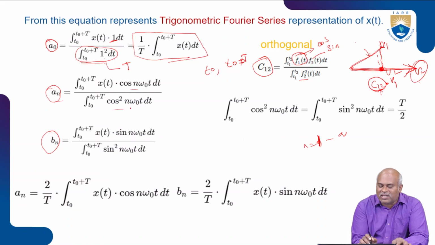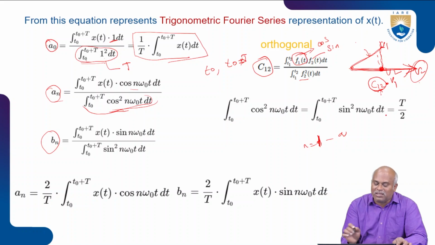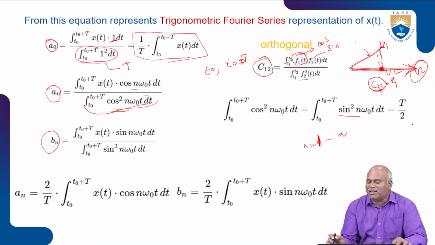For this trigonometric integration, that value is represented as T by 2. If instead of cos square we take sin square, that is also represented as T by 2.